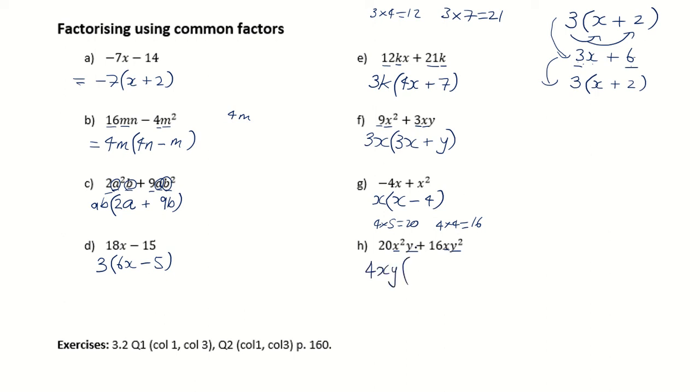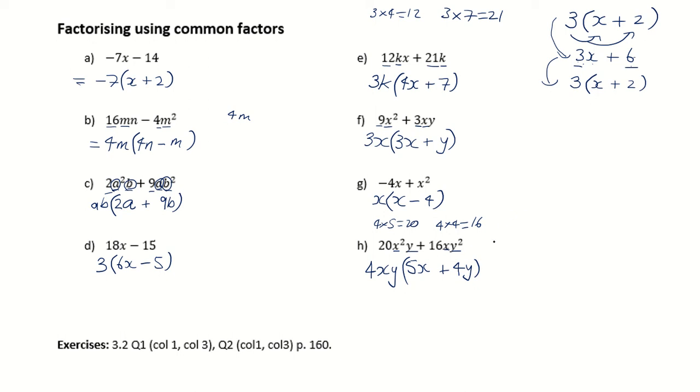And then to get 20x squared, we're going to need to multiply it by 5x, because 4 times 5 is 20. And then to get 16xy squared, we're going to need to multiply 4 by 4 to get 16. And we're going to need to multiply y by y to get y squared. So 4xy times 4y is 16xy squared.